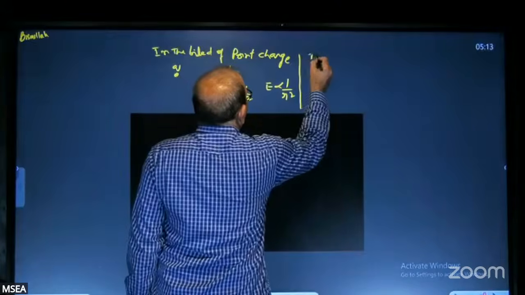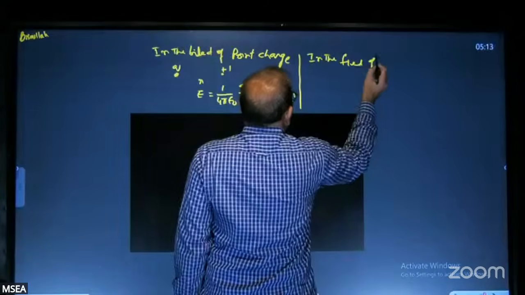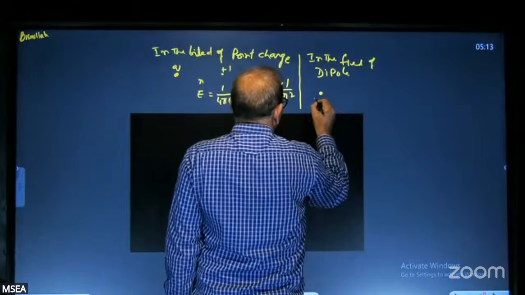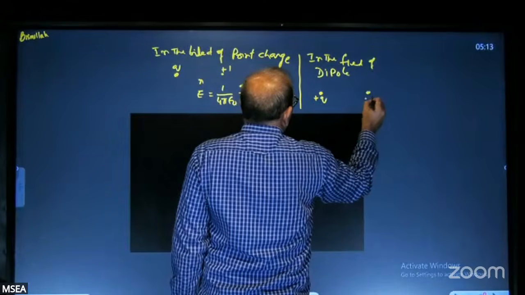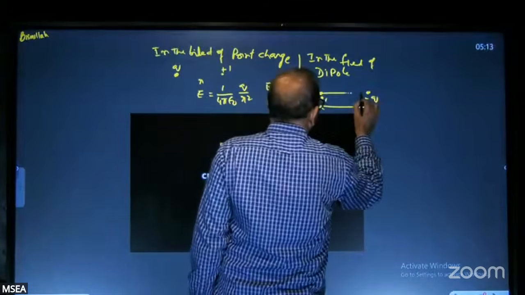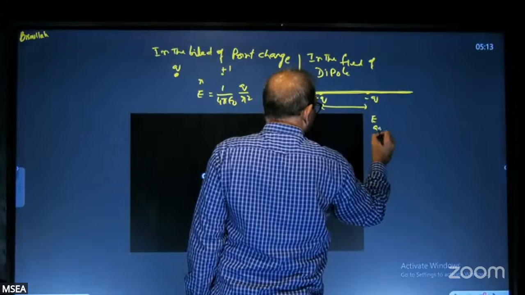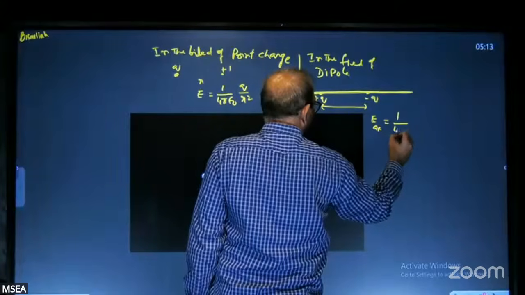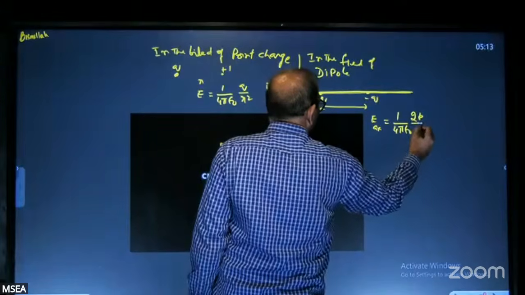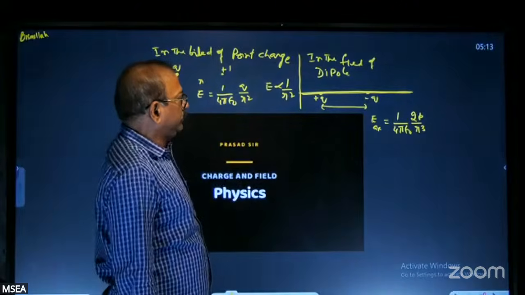Whereas in the field of an electric dipole, suppose two equal and opposite charges are separated by some distance. This is a dipole. On the axial line of the dipole, the intensity, formula you know now, is 1 by 4 pi epsilon naught 2p by r cube, where p is the electric dipole moment.